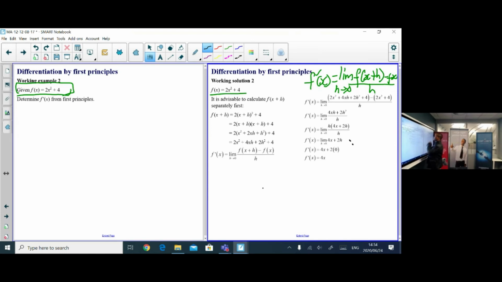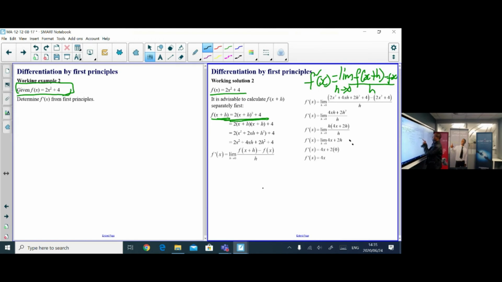So our f of x is this. Then there's somewhere where we need this in that formula, as you can see. What it means is we go to our f of x, and wherever there is x, we put x plus h. Where there is a 4, there is no x, so we simply remain with our 4. So we will end up with this.